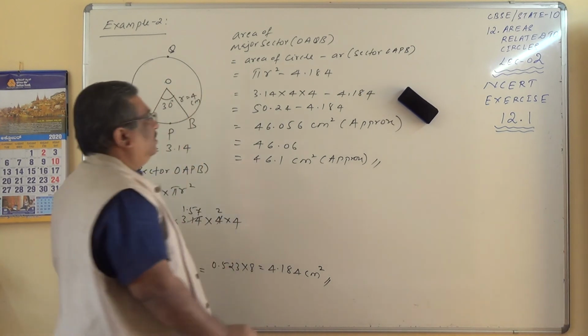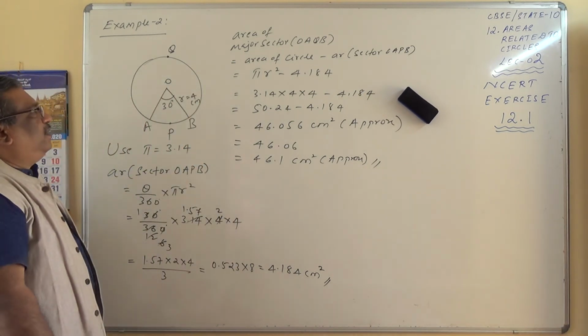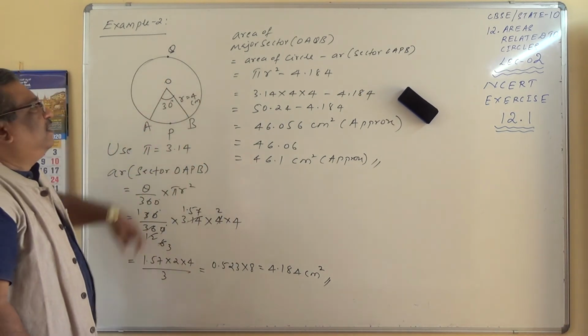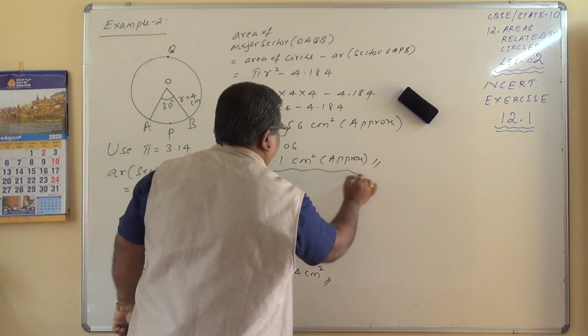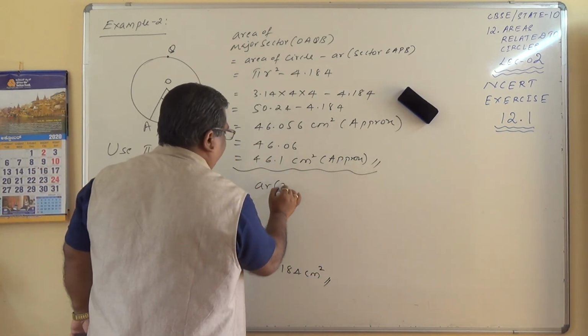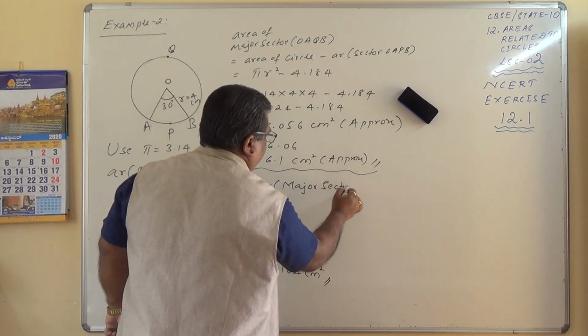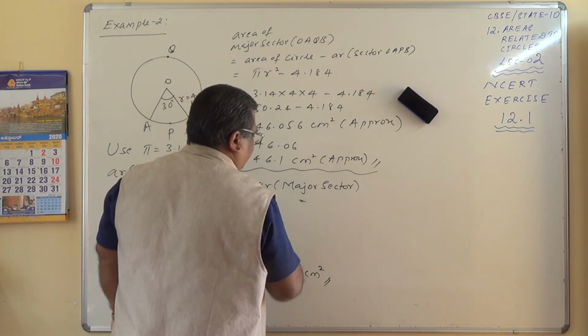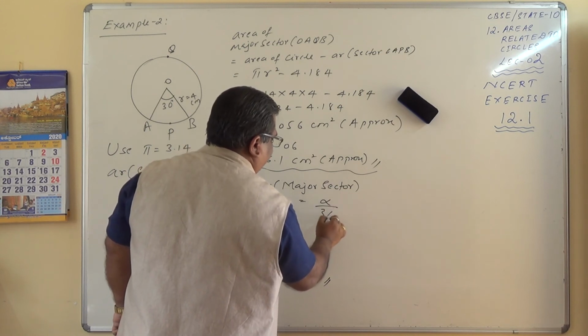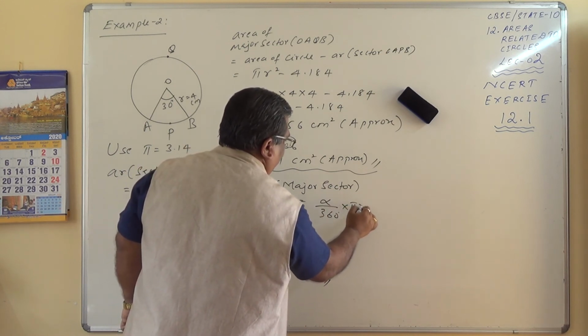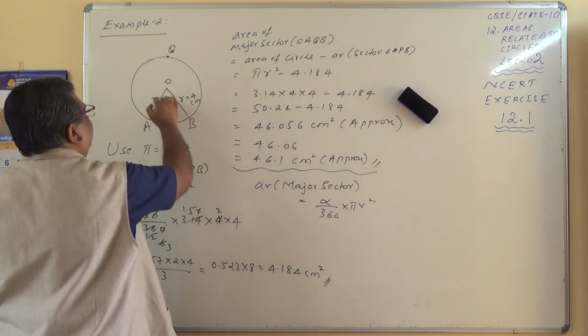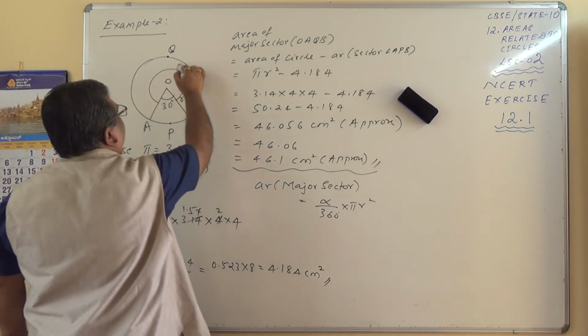Another alternate method to calculate the area of the major sector, that also I'll discuss here. Area of major sector is equal to alpha divided by 360 into pi r square. What is alpha here? This is alpha.